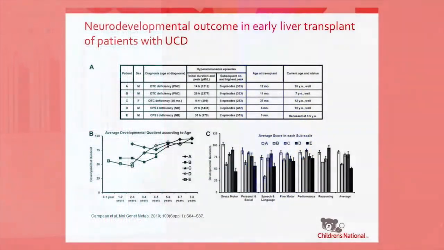With that in mind, and again apologies for the not very legible graphics here, this is a very preliminary study in patients with early liver transplant. You'll just have to trust me on this, but these are kids with OTC deficiency and CPS1 deficiency, and they tracked the developmental quotient over time post-transplant, and there was an improvement following the liver transplantation.